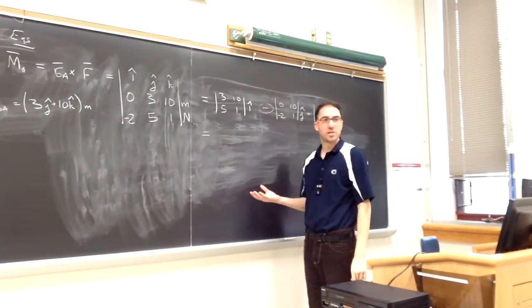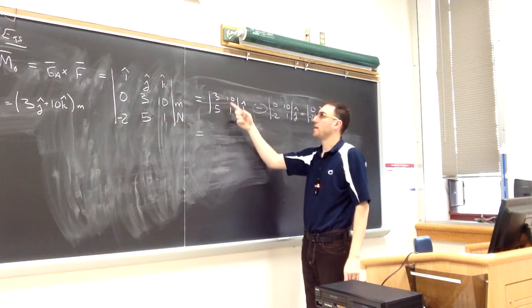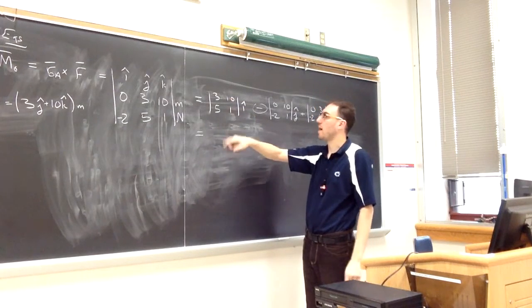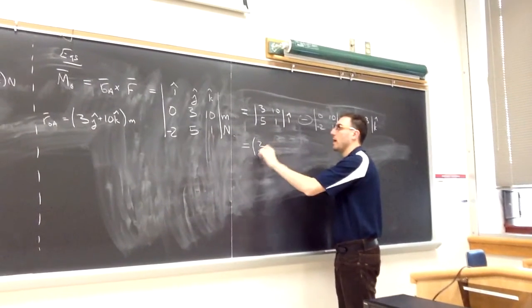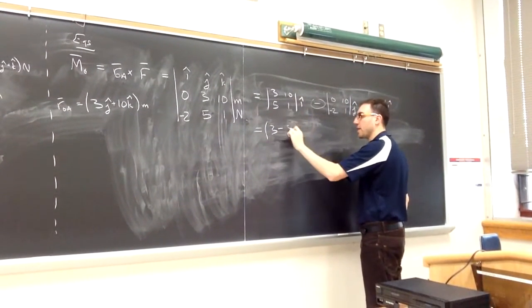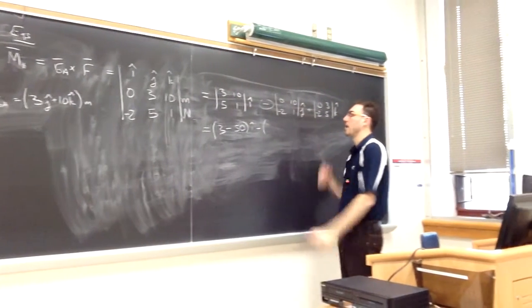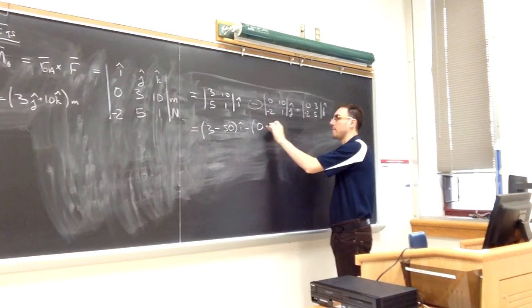When we have a 2 by 2 determinant, this is equal to the product of the main diagonal, the 3 and the 1 in this case, minus the product of the off diagonal, the 10 and the 5. So this would be positive 3 minus 50, minus 0 times 1 is 0, minus negative 20 is the same as plus 20.